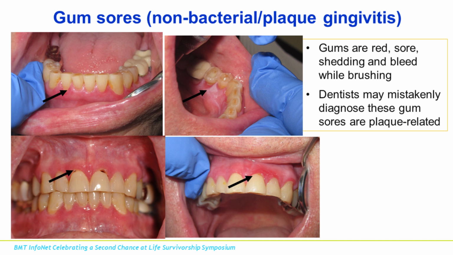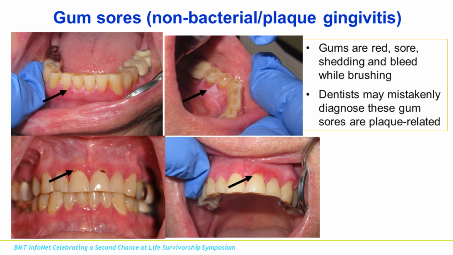So a lot of the time you want to let the dentist know that you have GVHD affecting your gums, so that they don't blame you for not brushing your teeth. This inflammation is not caused by bacteria, but by your GVHD causing inflammation of the gingiva. And that's what we call non-bacterial or non-plaque-related gingivitis.